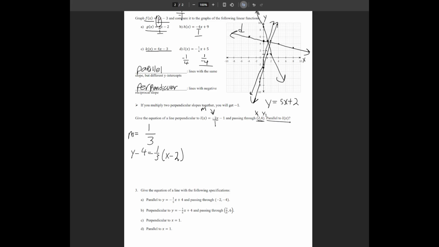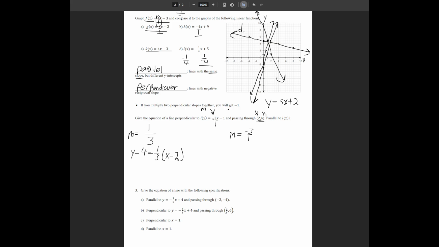Now let's look for parallel. Parallel lines have to have the same slope, but different y-intercepts. If they have the same y-intercept, they will end up being the same exact line. So let's look at this. We know our original slope is -3/1, so if we want a parallel line, the slope has to be the same, -3/1.